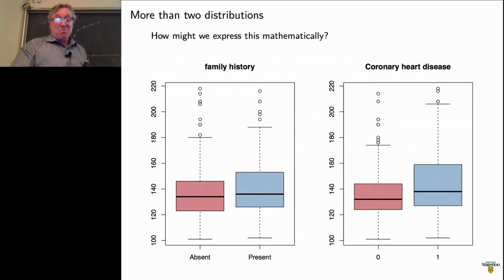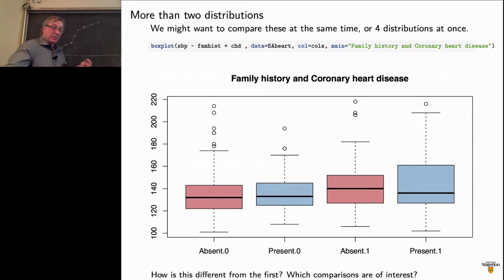In some sense, these are marginal box plots, right? Just making one comparison. In contrast, these are having both of them. So these groups are all smaller in size because these folks had no family history and no personal coronary heart disease.